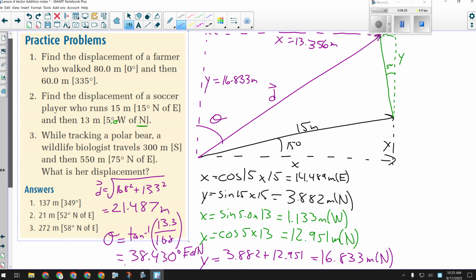Okay, now their answer here is 52 degrees north of east. Am I wrong? Come on. I'm not wrong. Okay, those angles are opposite of each other. Right, they're complementary. They both add up to 90, therefore they both point the same direction. And the same will be true for you.